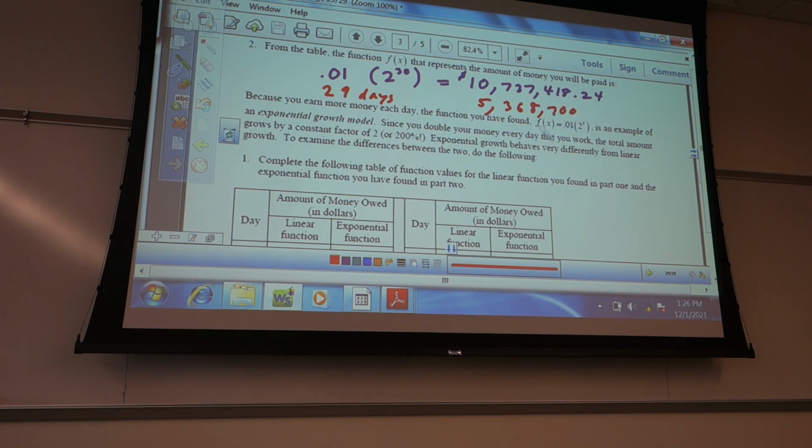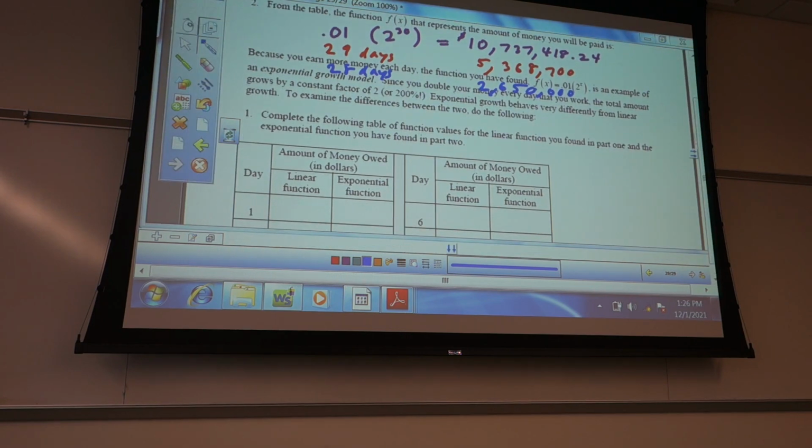So if you only did it for 28 days, it'd be less than that, like $2.65 million, right? So those last few days is where it really starts to add up. It's this whole thing getting a lot bigger.